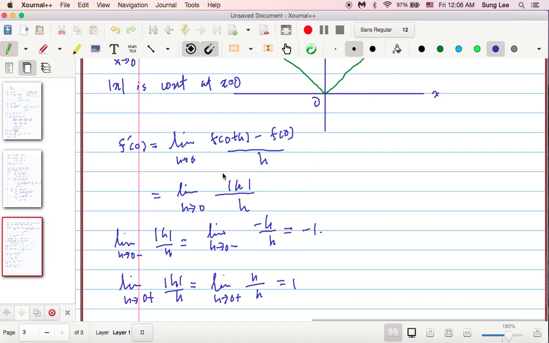Okay, so in that case, since the left-hand limit and the right-hand limit do not coincide, f prime of 0 does not exist. So we see that this example tells us that the continuity of a function at a point does not necessarily guarantee the existence of the derivative at that point.